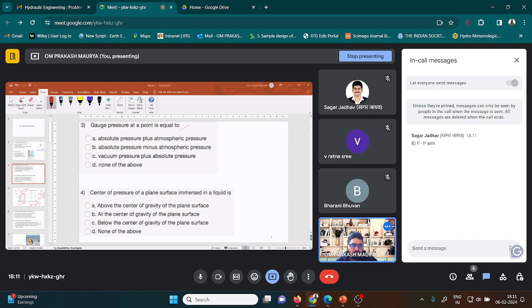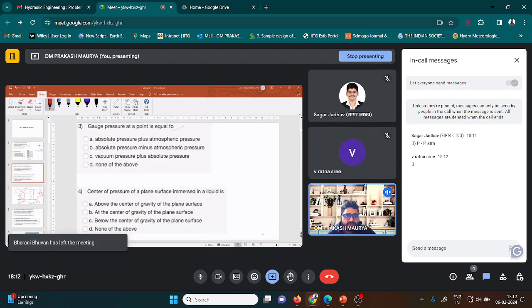Sagar, you are telling option B is correct. Okay, P here means the absolute, right? P absolute, okay. Bhuvan, we are solving question number 3, so you can also give your answer in the chat box.